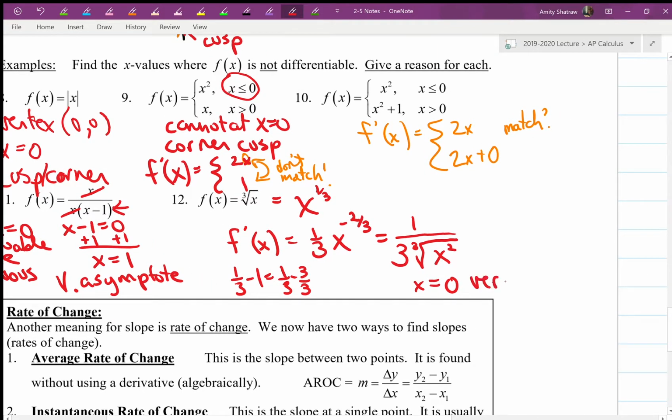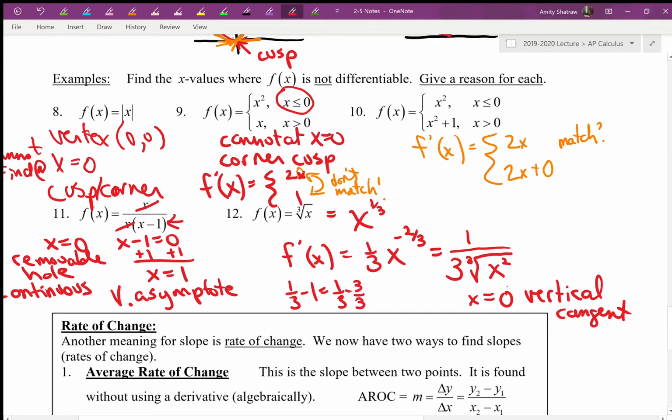We have a vertical tangent. All right, we have a vertical tangent, meaning that I wrote down x equals 0. X equals 0 is a problem. Why? Because if I evaluate my derivative, meaning I plug in a value where I wanted to know what the slope was, I would get 1 over 0.